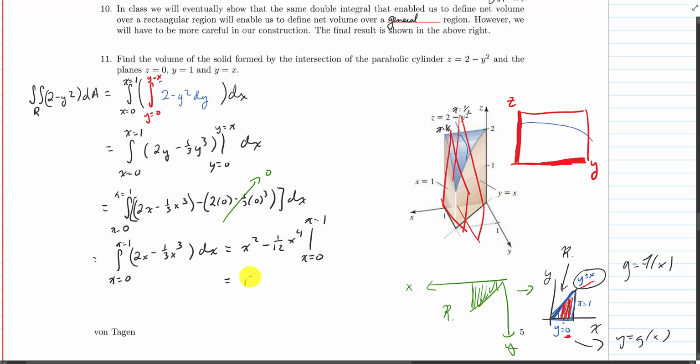We get 1 squared minus 1/12 times 1 to the 4th for the upper, and the bottom contributes nothing. And so we end up with 11/12 for the volume of this shape.